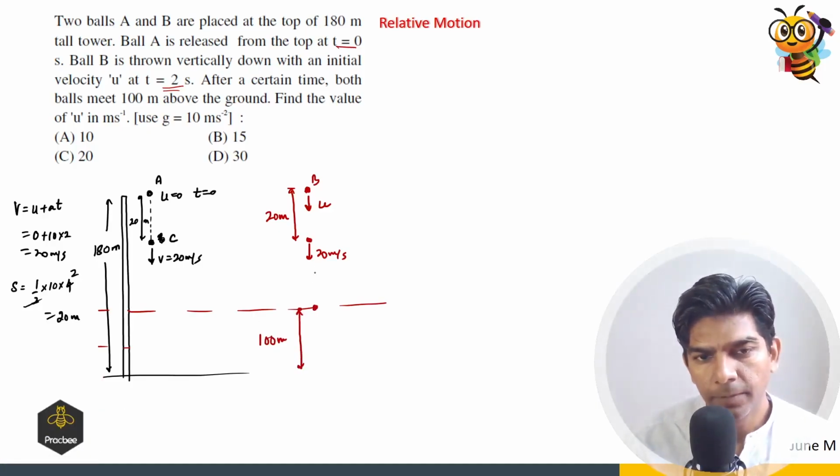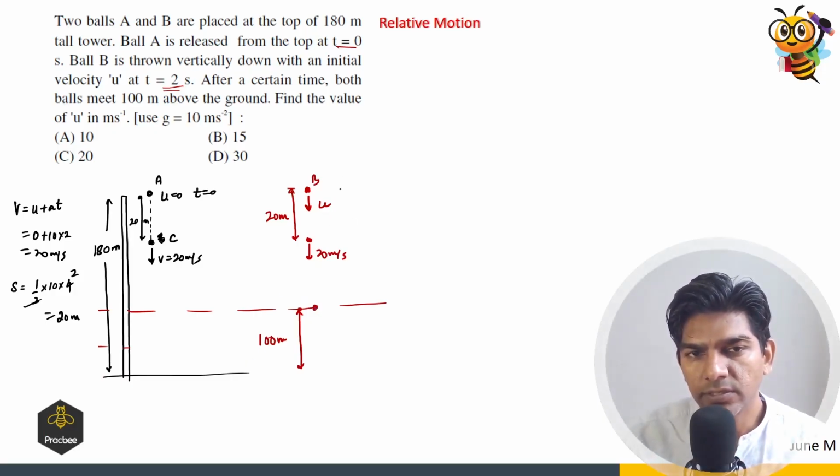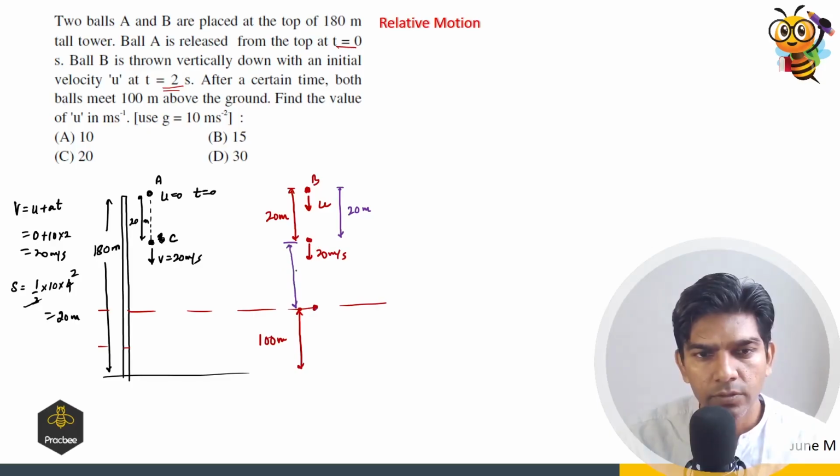The initial distance between them is 20 meters, and the distance of the first ball from the 100 meter mark will be 180 minus 100 minus 20, that is nothing but 60 meters.